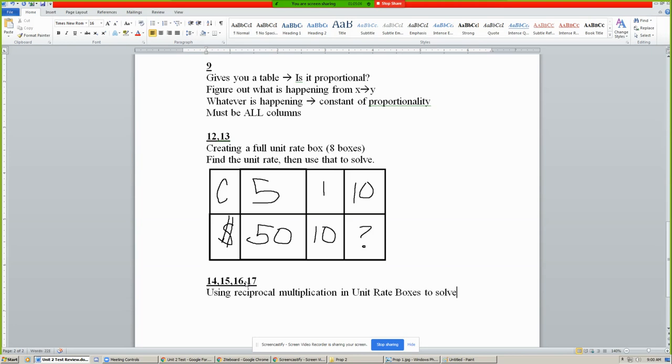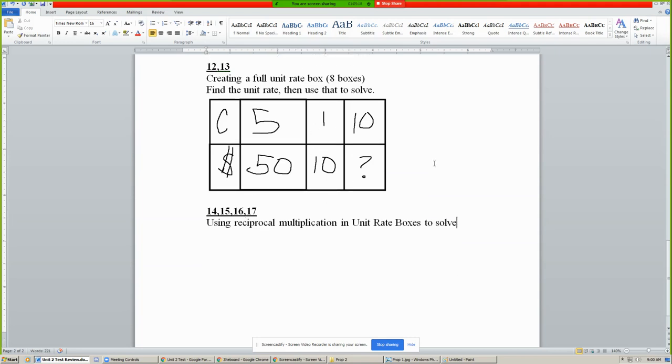So in these ones, you're going to be solving using unit rate boxes. However, they are involving fractions. So you're going to be using those fractions to help flip and solve.